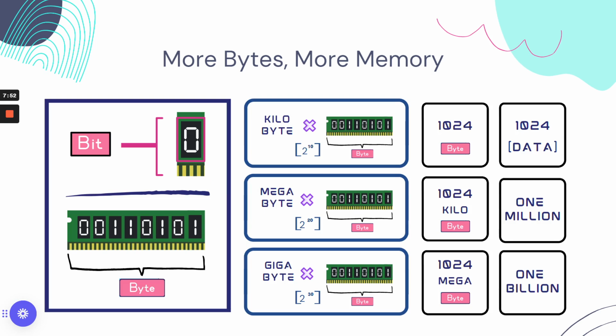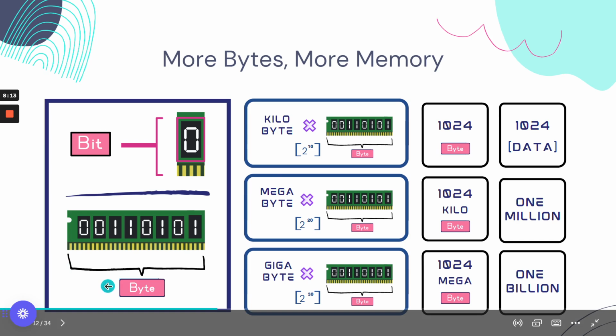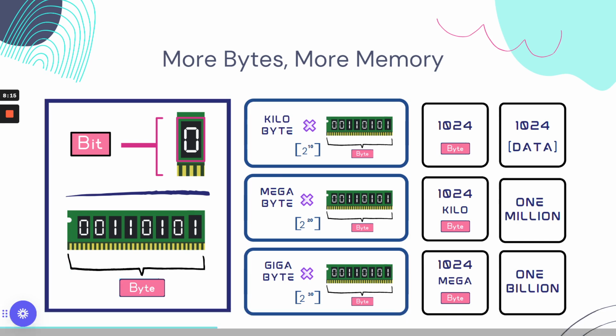Here, as you can see, there are more expressions and more combinations of data that were created using larger sequences of bytes. Here we have a bit representing only 0 or 1, true or false. Here we have a byte representing 8 bits of true or false.